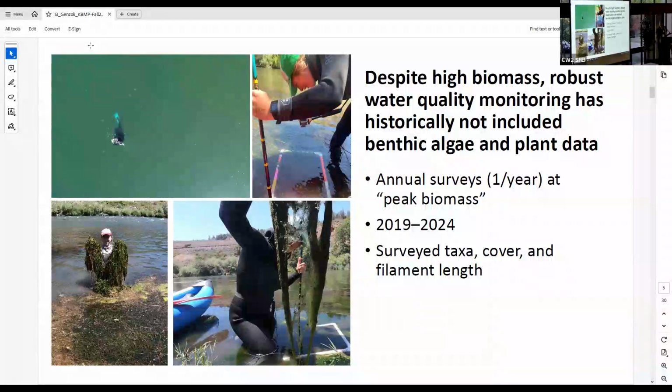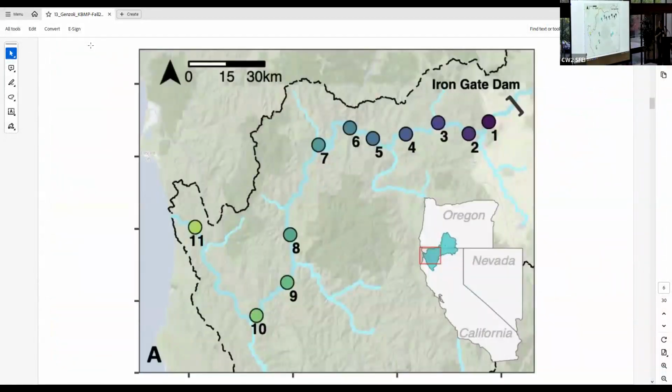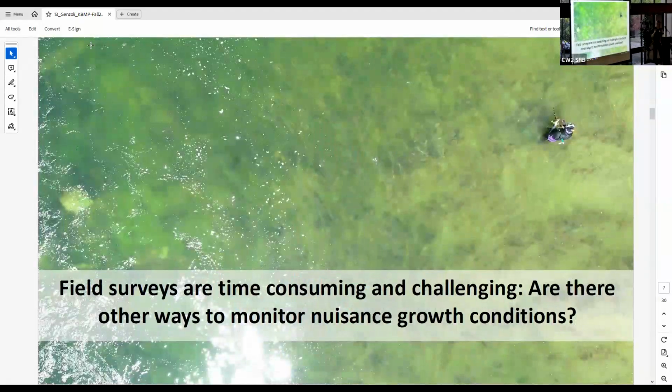And we do this at 11 sites or up to 11 sites during the biggest year, usually 10 sites on the river now, from below the former Iron Gate Dam down toward the mouth of the river. And we spend a day at each reach. We float a little section of river and we survey transects, trying to get around 60 points per reach to quantify the growth of algae and aquatic plants on the river. But like I said, it's challenging. You're in the water, you're deep in the water dealing with currents.